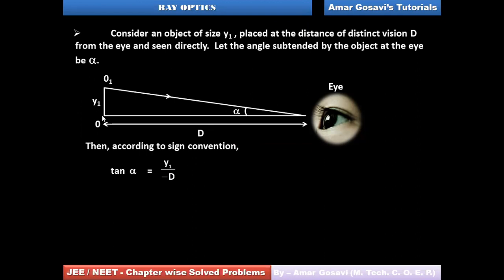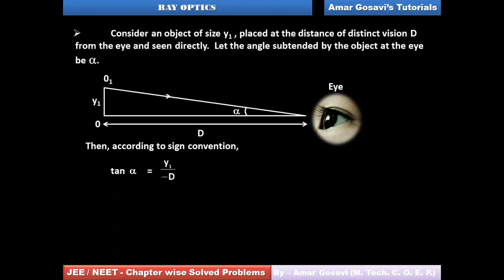Why is y1 taken positive? Because you are measuring y1 above the principal axis. But why is d taken negative? Because you have measured it from the eye in the direction against the incident ray. So tan alpha will be given by y1 upon minus d.